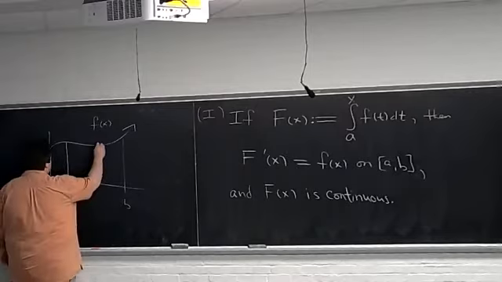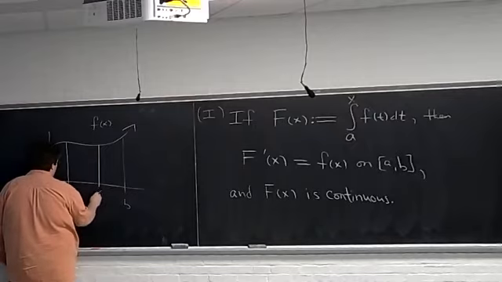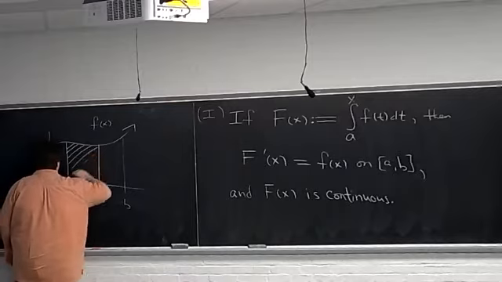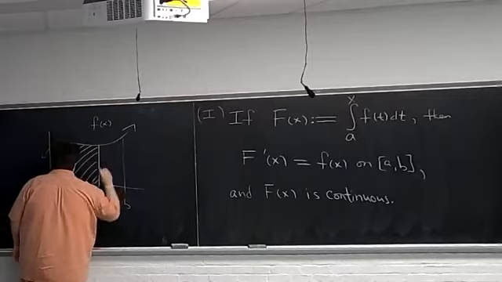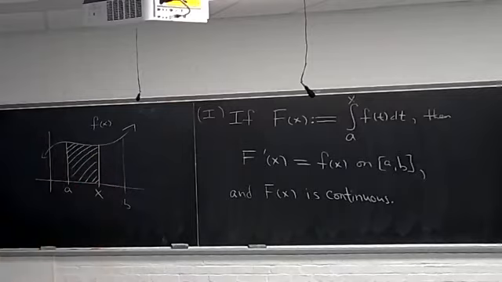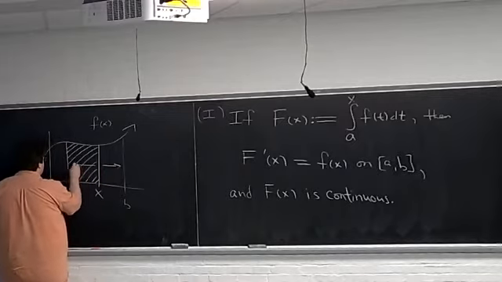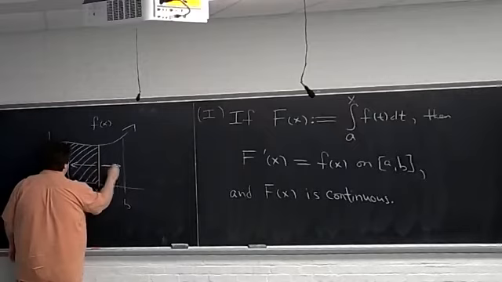Let's take an x that's after a. Capital F of x gives that area. And notice x is our variable here, so this x value we can move from left to right.